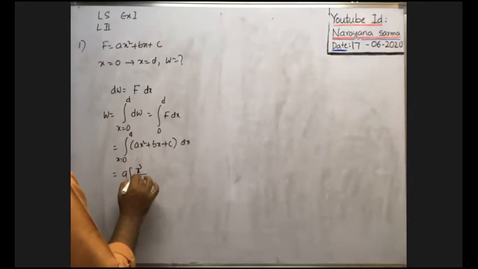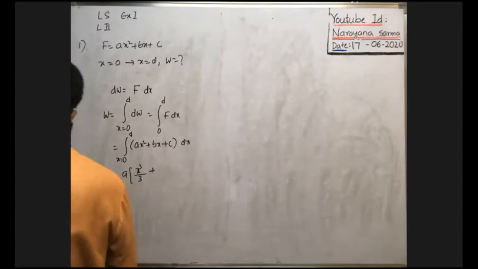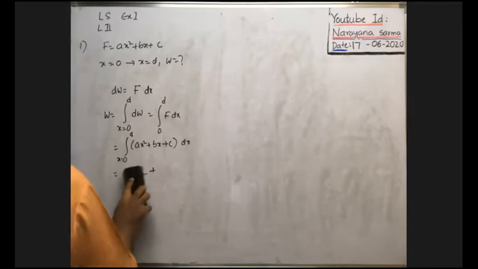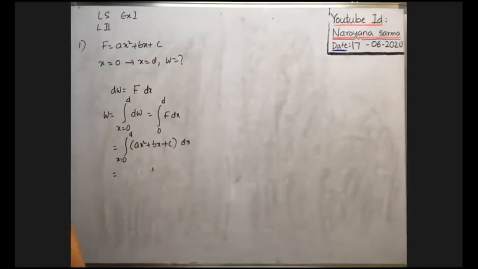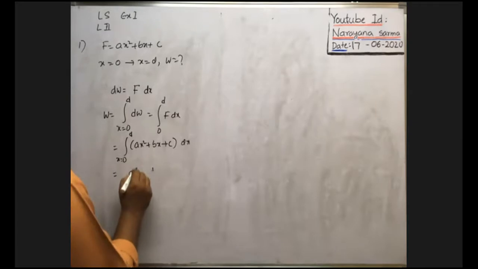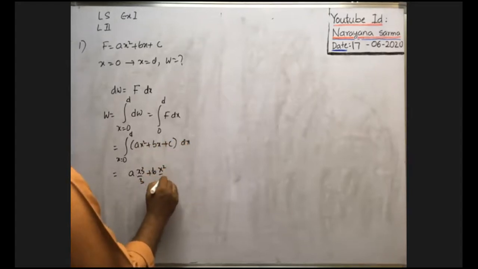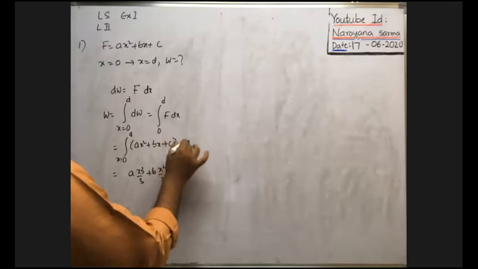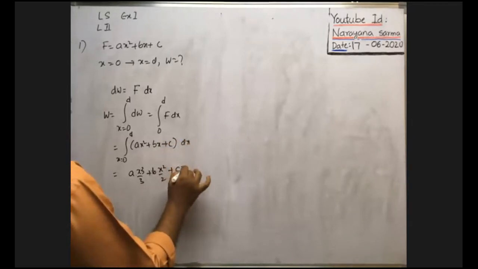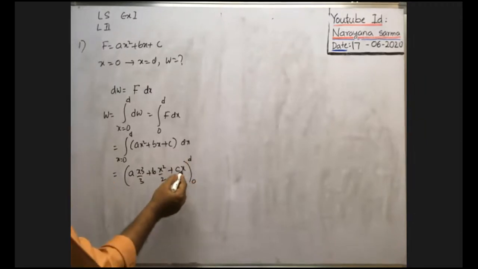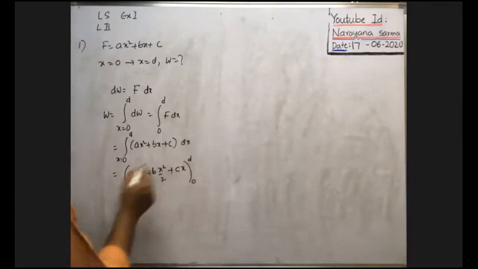So a into x cube by 3, plus constant b into integral x dx, which is x square by 2, plus integral c into dx, where c is constant. Integral dx is x. We substitute the limits x equals 0 to d. Of course, when you substitute 0, as x is in all terms, all terms become 0. We substitute only the upper limit, that's all.